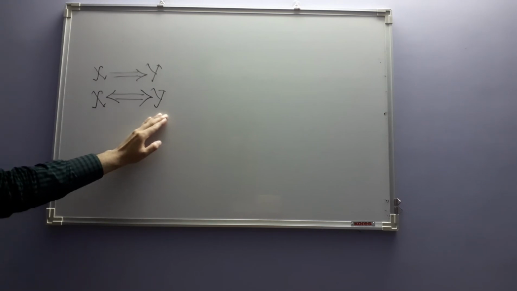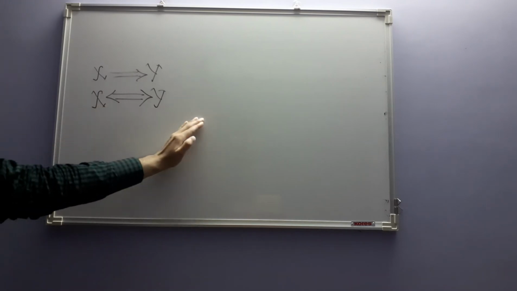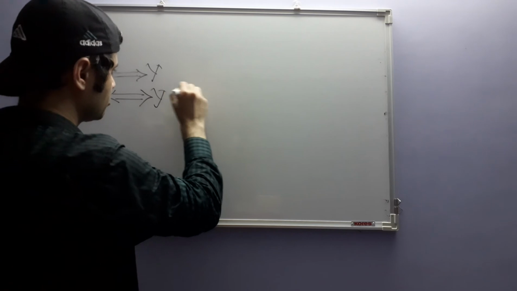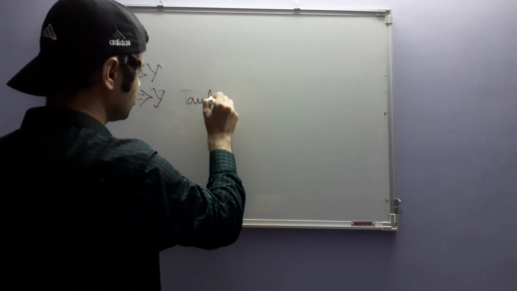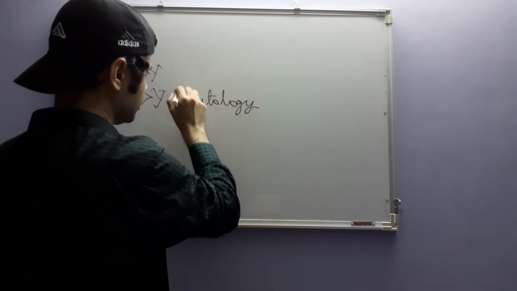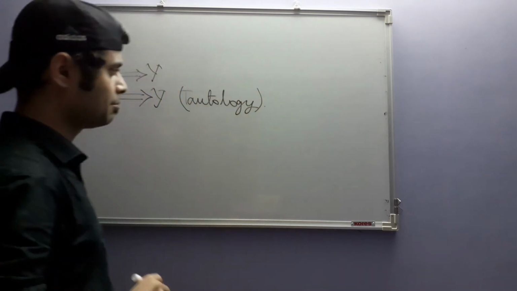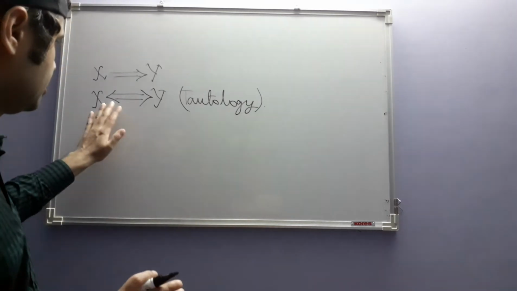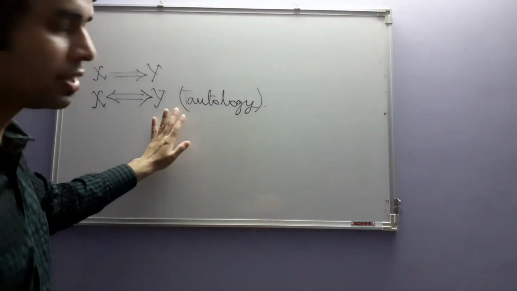By the way, I have forgotten to tell you that there is another name for this situation. It's called a tautology. A tautology is a statement that is always true, and this is not necessarily a double implication.